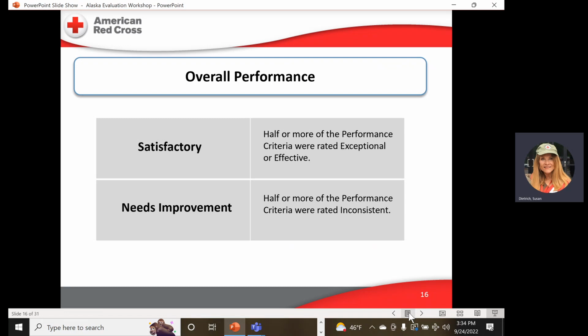If there is a volunteer or a staff person, or maybe two, you get very few, half or more of the performance criteria, you'll see, were rated inconsistent. This is somebody who really needs help, and this is a red flag to the region that they need additional training, they need some guidance before they come to another DRO.